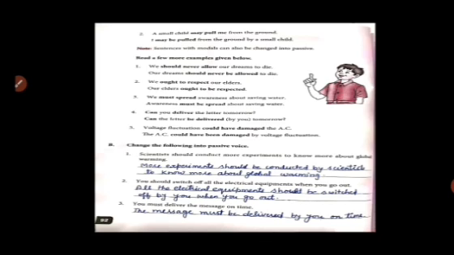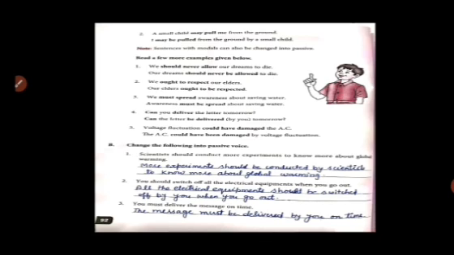Change the following into passive voice. Scientists should conduct more experiments to know more about global warming. More experiments should be conducted by scientists to know more about global warming. You should switch off all the electrical equipments when you go out.